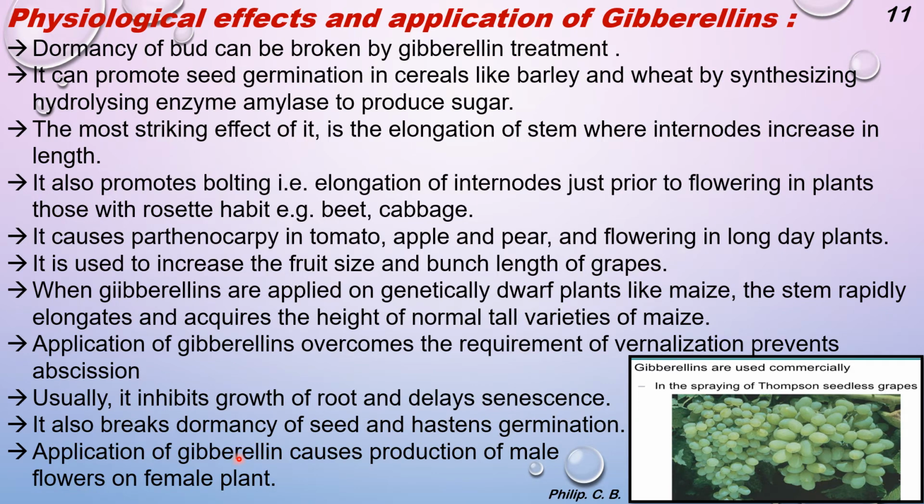Application of gibberellin causes production of male flowers on female plants. So even application of gibberellin helps in the production of male flowers on the female plant. Here I added an image showing the gibberellins which are used commercially in spraying on Thompson's seedless grapes.